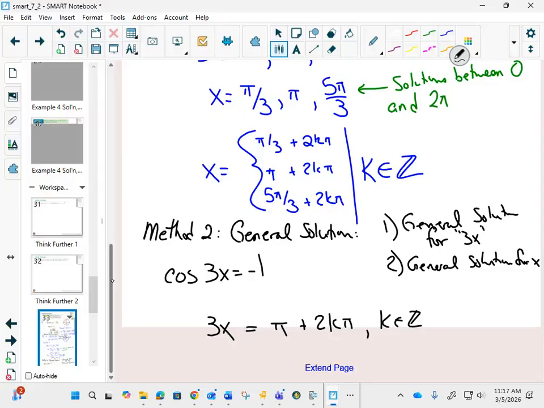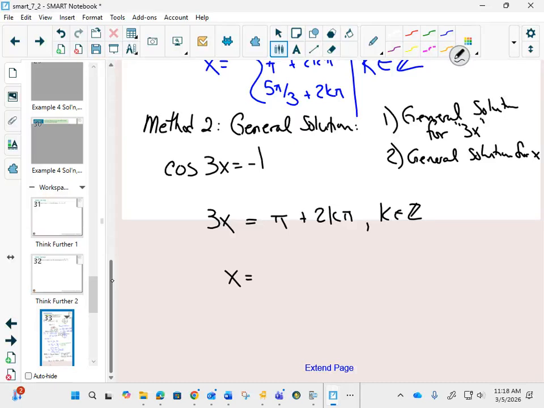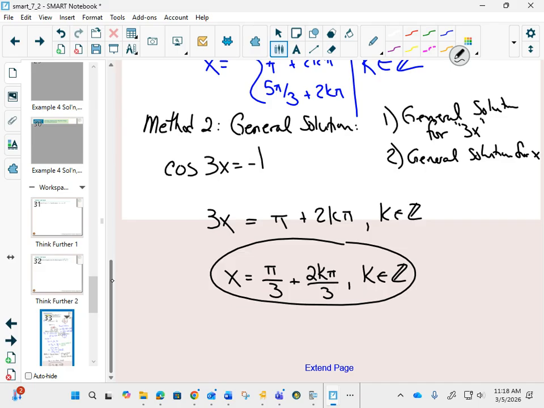Then the general solution for x is you divide by 3, which means this gets divided by 3 and this gets divided by 3. K is still an integer. A little bit quicker, a little bit more elegant, but you have to understand it from that perspective.